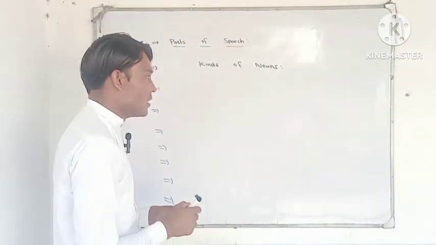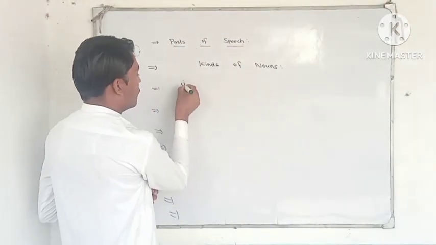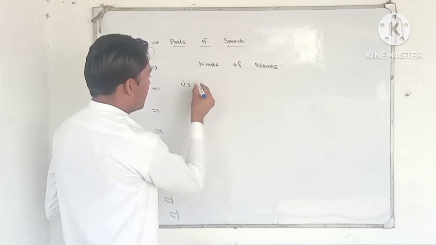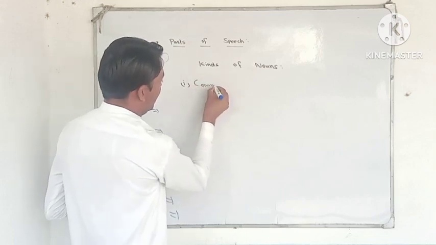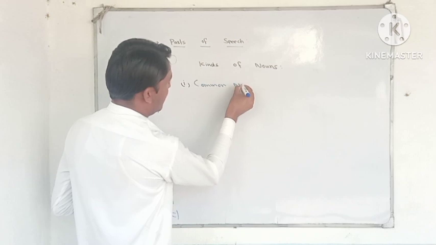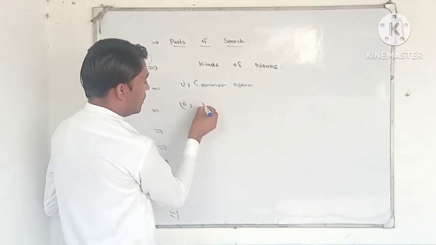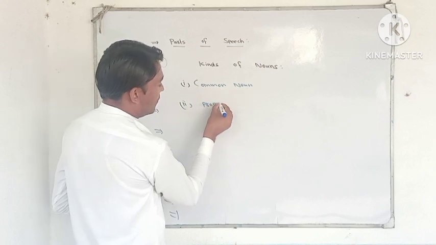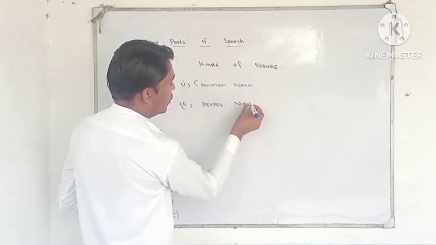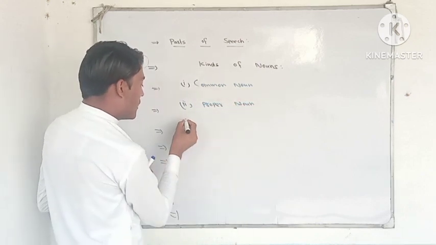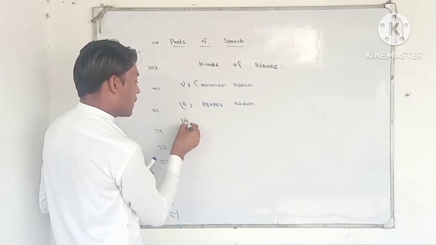The first kind is the common noun. The second is the proper noun. The third is the collective noun.